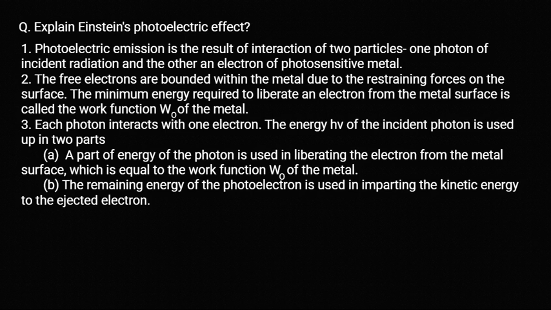Some of the main points of Einstein's photoelectric effect are given here. The first point states that the photoelectric emission is the result of the interaction of two particles: one photon of incident radiation and the other an electron of the photosensitive material. So consider you have a photosensitive material.